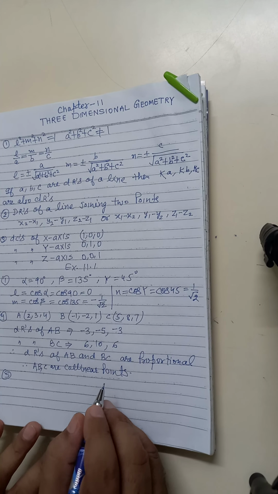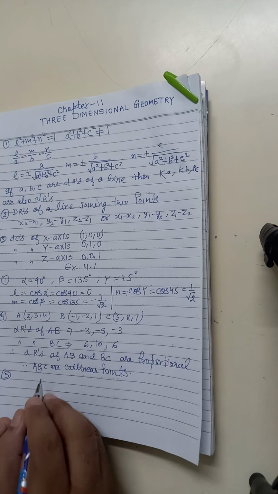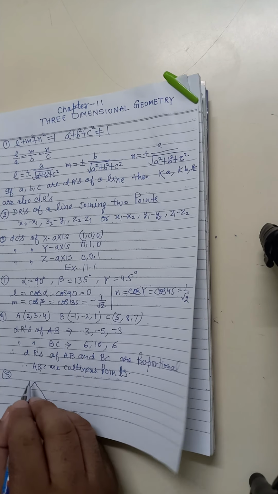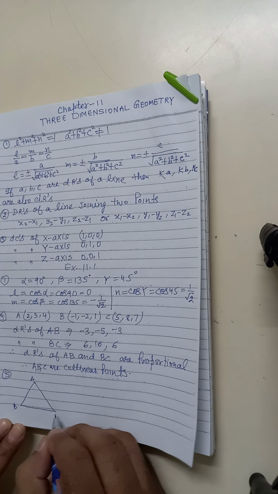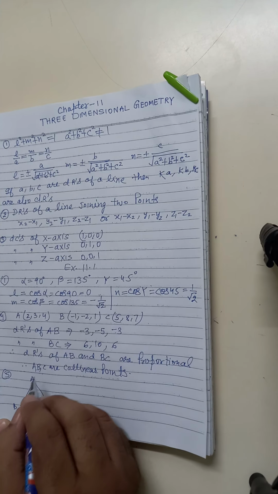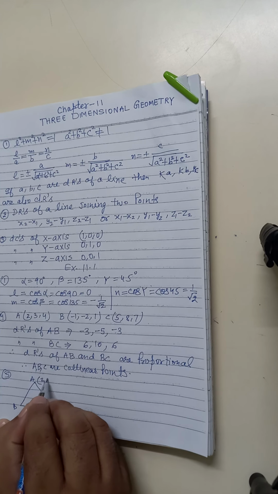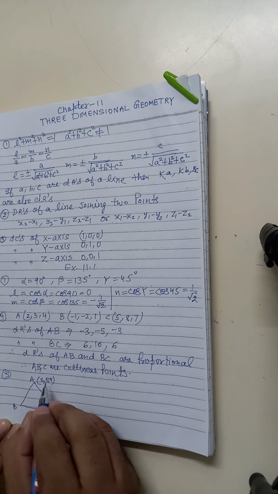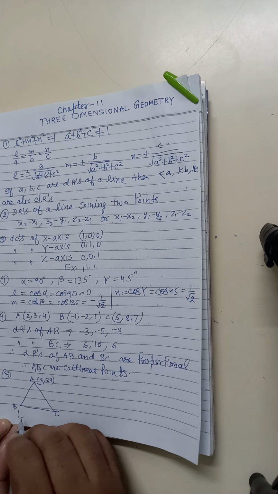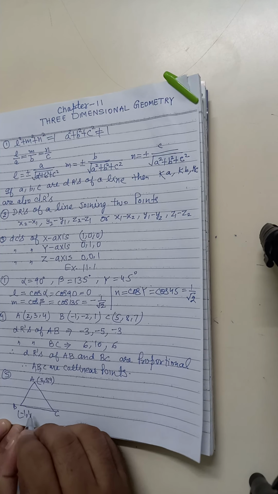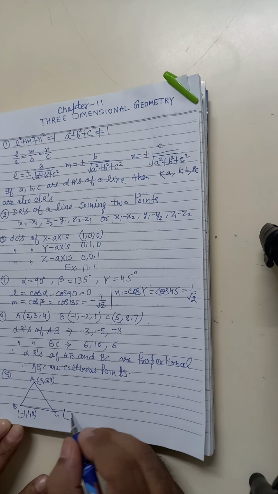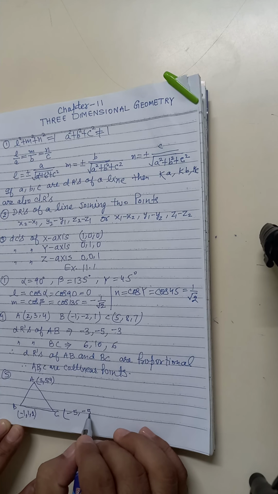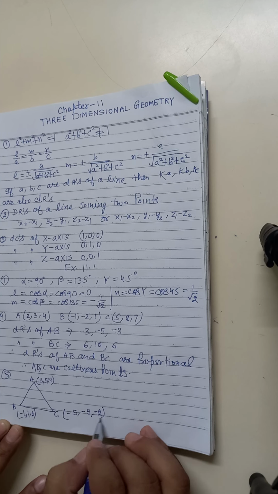Question 5th. Find the direction cosines of the sides of the triangle whose vertices are given. Triangle ABC, and the coordinates of A are (3, 5, -4), B is (-1, 1, 2), and C is (-5, -2).